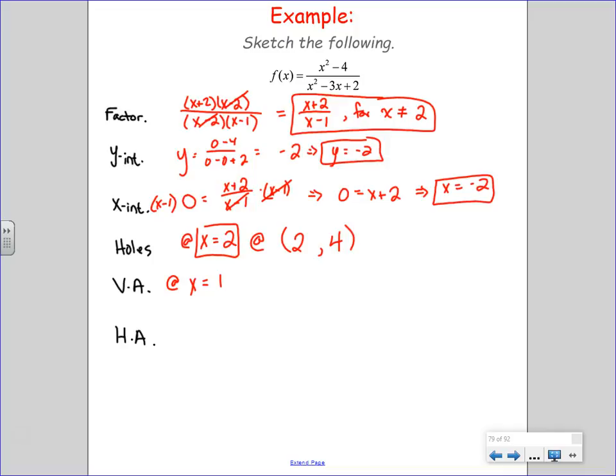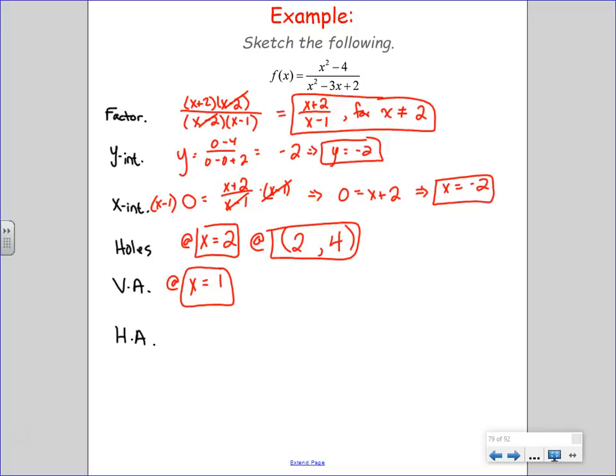Vertical asymptotes are the undefined points that remain. So it's just the hole at x equals 2? Yeah, only a hole, because it was removed. That's the hole. And once it's gone, x equals 1 is the vertical asymptote. We keep it like this because the hole was a point, technically, right? This one is a whole vertical line, so it's that whole x equals 1.